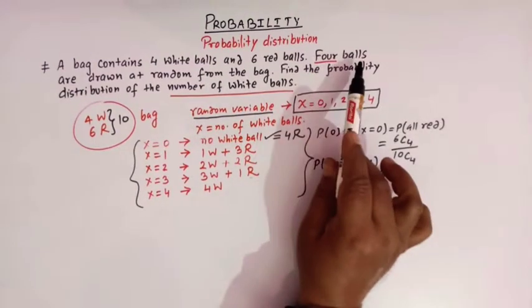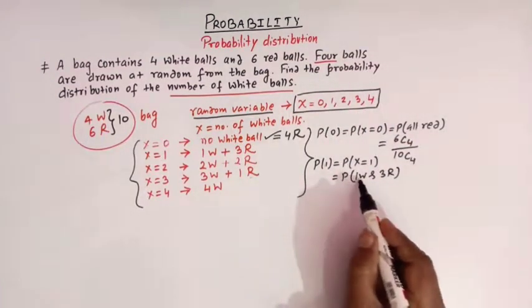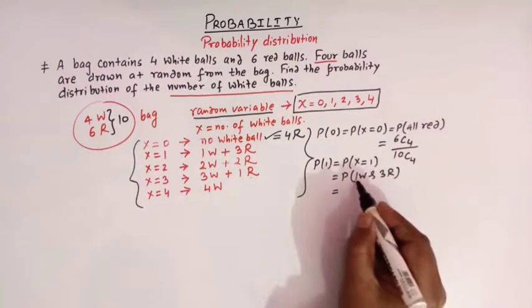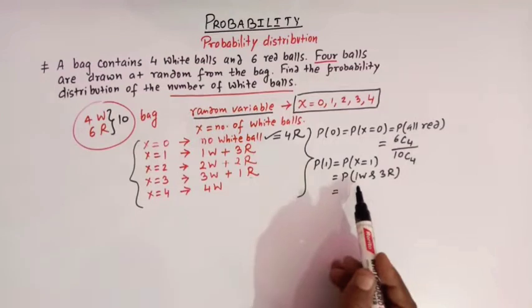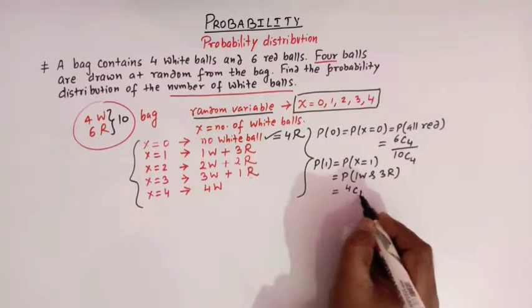So 4 balls are to be drawn, and out of these 4 balls we have 1 white and 3 red, right? So 1 white ball can be obtained in 4c1 ways, right?